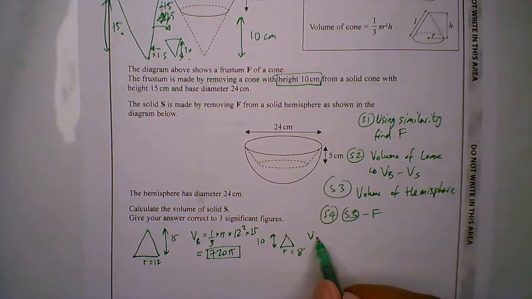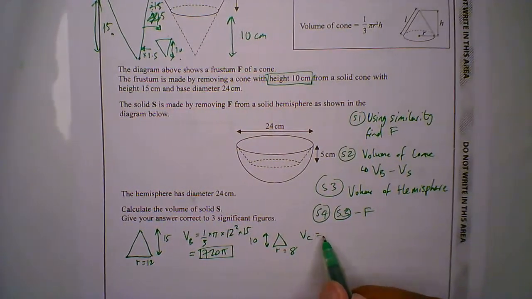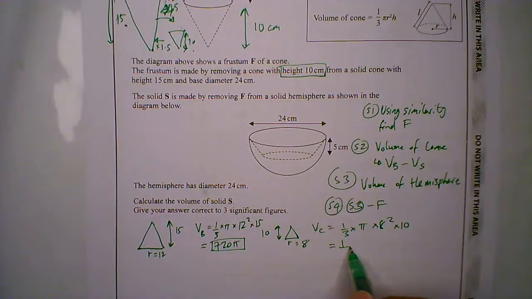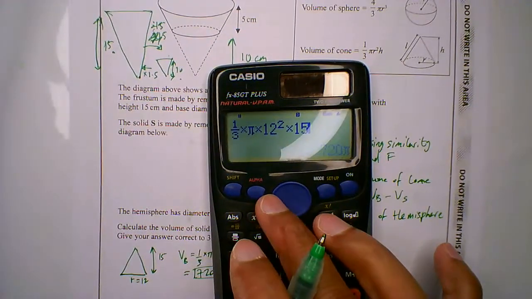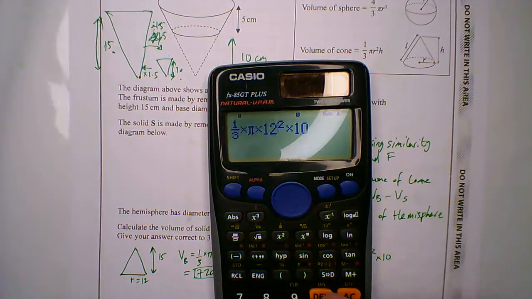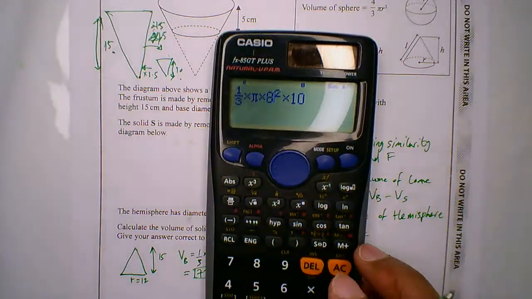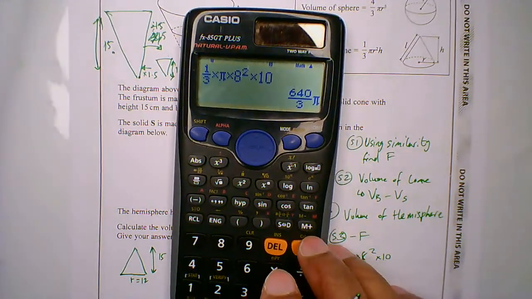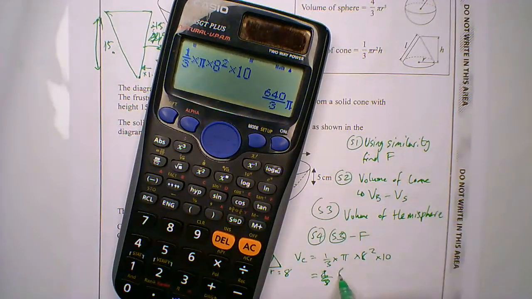And the other one, the V cone, the smaller volume is going to be 1/3 times pi times 8 squared times by 10. Put that into my calculator. Pi times 8 squared times 10 gives me 640/3 pi.